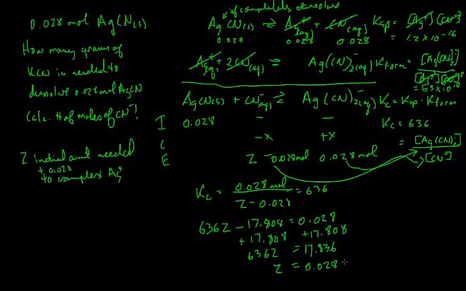And then we multiply this, so how many grams of KCN? So we need to know the molecular weight of KCN. And so KCN is equal to 65.1 grams per mole. That's the molecular weight. So this is moles. We're going to multiply that by 65.1 grams per mole, and that should equal about 1.8 something.